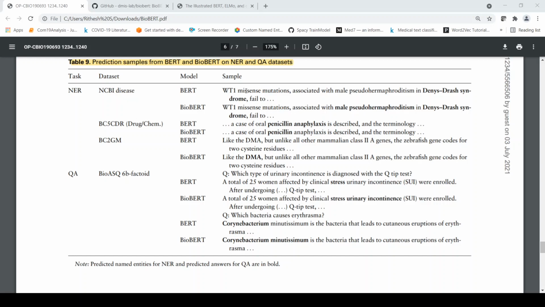So this is the piece of text where BERT detects this particular text, Dense Drash syndrome, but here you also have these other entities which have been detected. Similarly, on medication over here, in the case of normal BERT, medication and some condition is also being pulled out, but here only the medication is being pulled out. Okay, so this is the comparison.